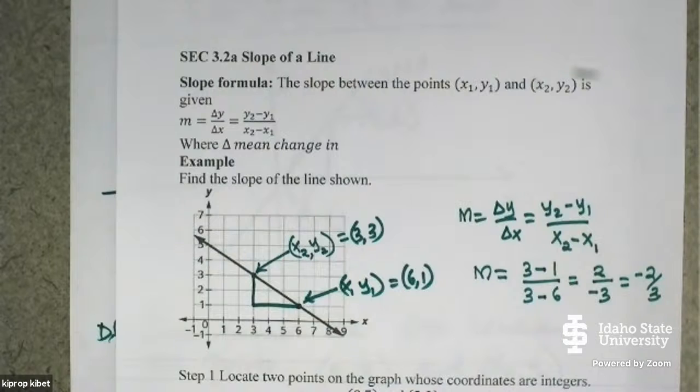So if your line is going from left to right, coming down this way, it should be a negative slope. If this one is y and this one is x, and the line is coming this way, then our m is negative. And if the line is going up, then our m is positive.